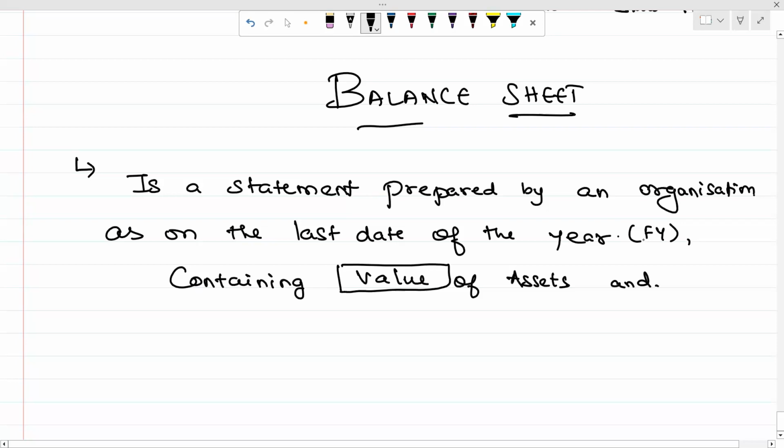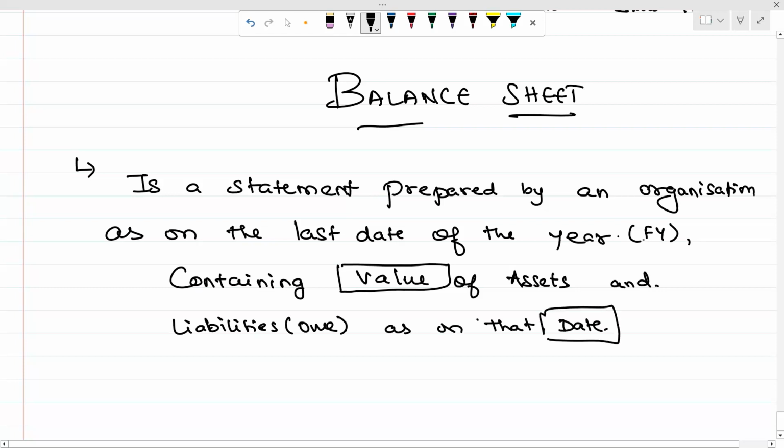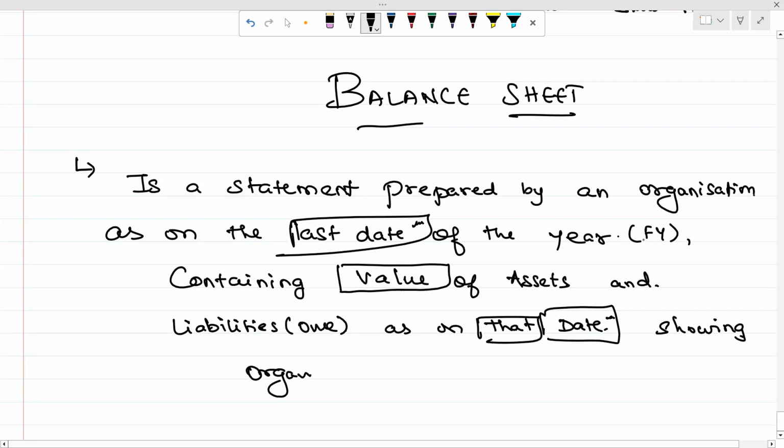And liabilities, that is what we owe, that we are liable for as on that date. That date is nothing but the last date. It shows the business organization's financial position.